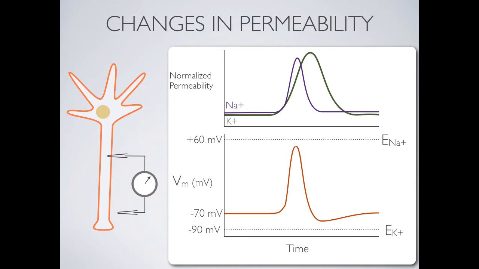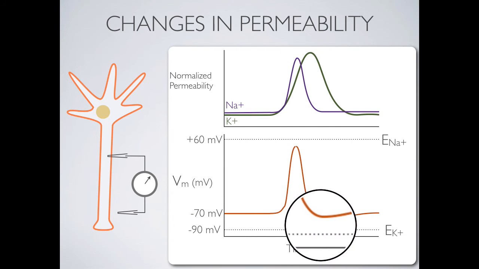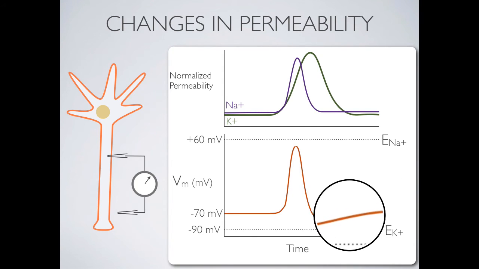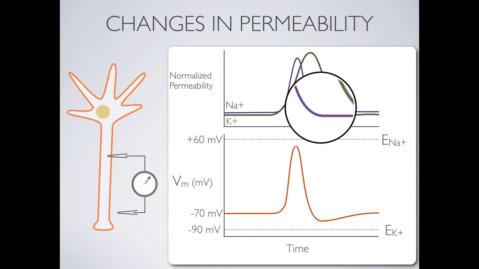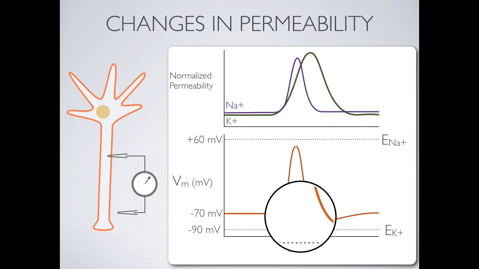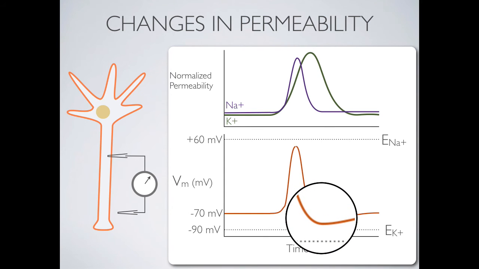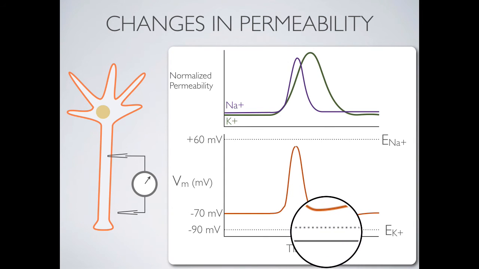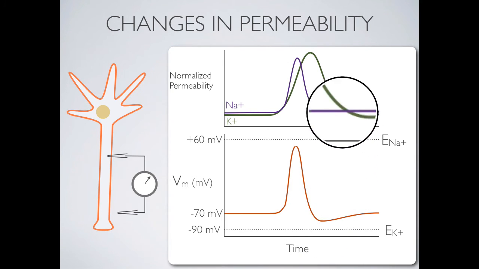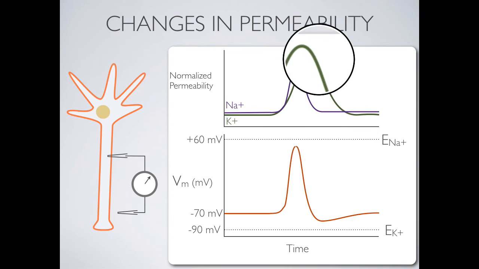Note that the membrane actually will do this undershoot where it hyperpolarizes just momentarily, and then eventually it goes back to rest. That hyperpolarization is because the membrane is still being driven towards the equilibrium potential for potassium, shown as the dotted line there, before we have the shutting down of the membrane to that ion.